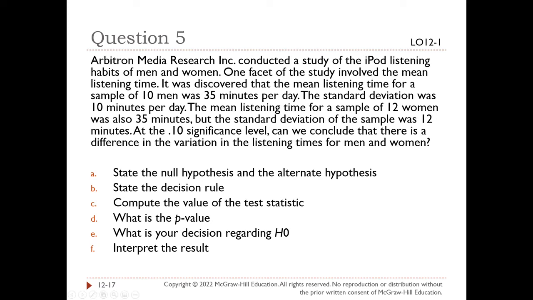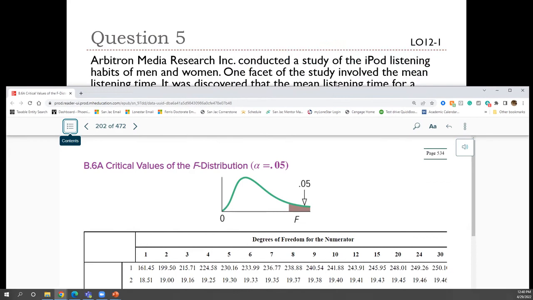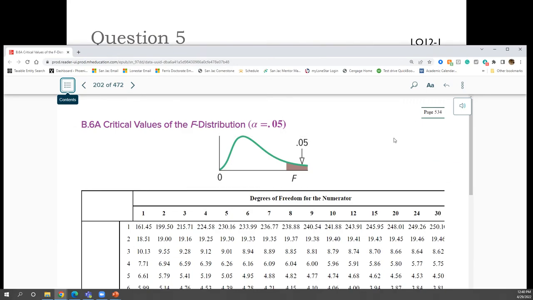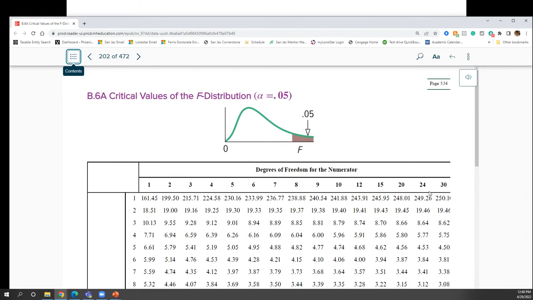Alright, so we need to go look up our F distribution. Okay, so since we're at 0.10 significance, that's going to give us the 0.05. Remember, we got to divide that by 2.